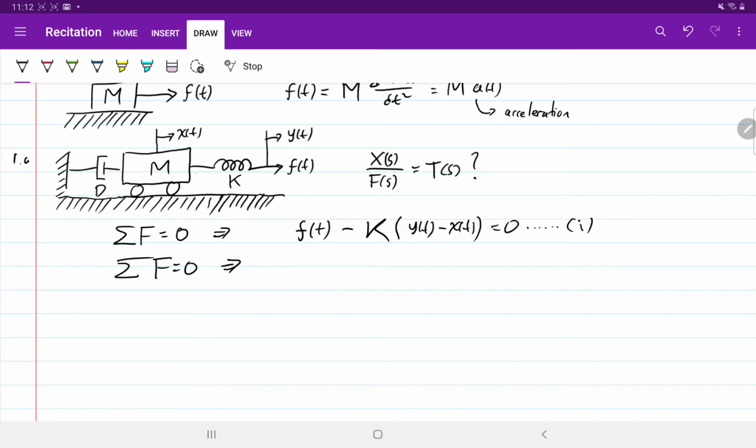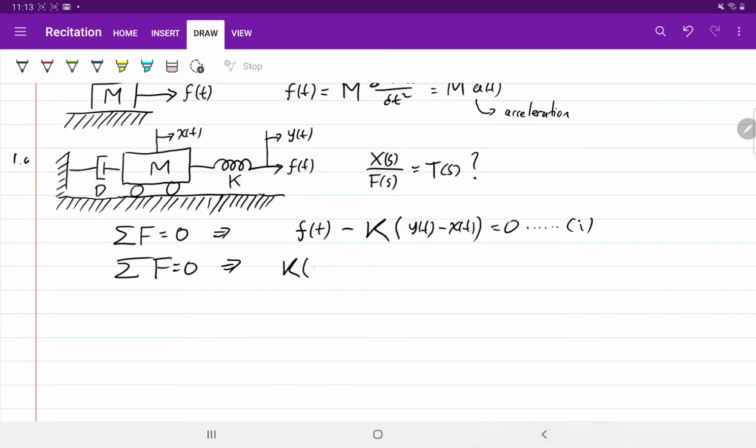As we are pulling this point to the right, the spring also will move to the right, and the spring at this point is connected to the mass, so the mass will also move to the right, but the mass will react with force in the opposite direction from the spring.